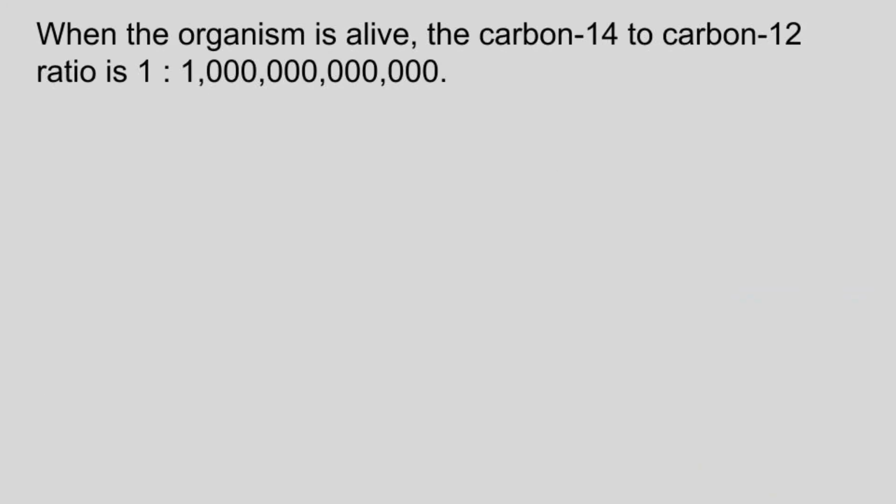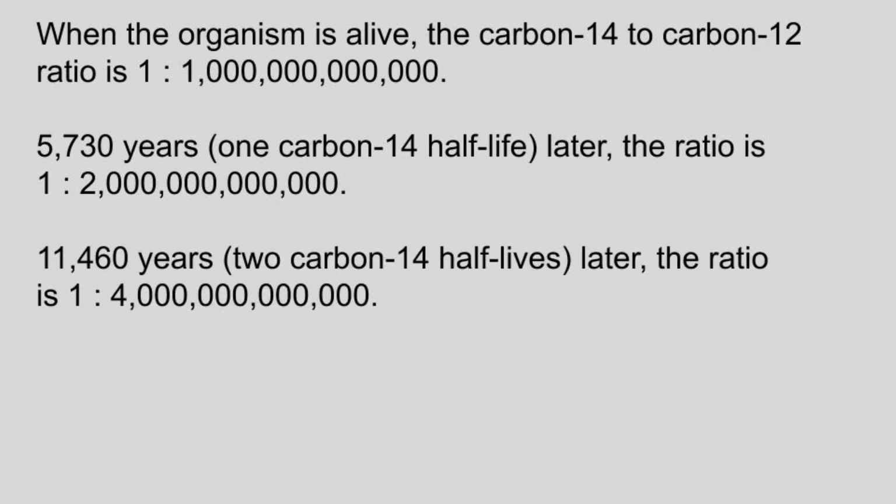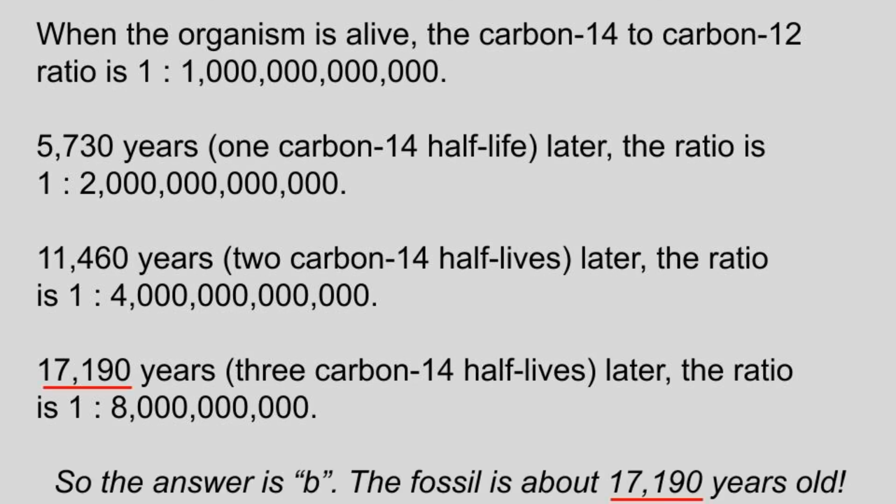When the organism is alive, the ratio is 1 to 1 trillion. 5,730 years, 1 carbon-14 half-life later, the ratio is 1 to 2 trillion. 11,460 years, 2 carbon-14 half-lives later, the ratio is 1 to 4 trillion. 17,190 years, 3 carbon-14 half-lives later, the ratio is 1 to 8 trillion. So our answer is B. The fossil is about 17,190 years old.